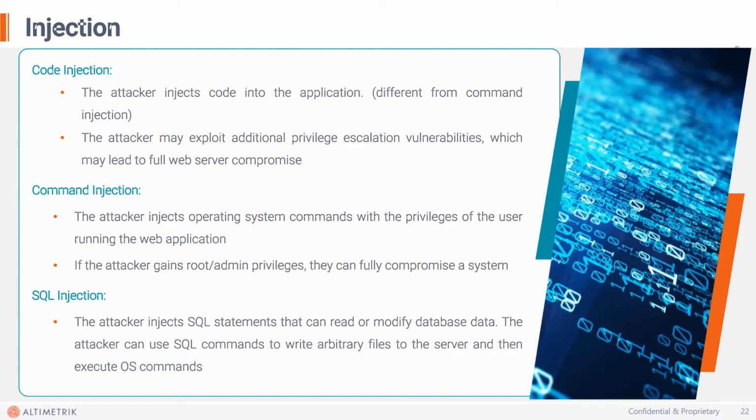An example of this: one of the applications that I tested in the past was a PHP server, and there was an upload functionality that allowed you to upload a profile picture. I found out that it wasn't doing proper checks to see if a file was actually an image file or something else. So I masked the signature of a PHP file as an image and was able to bypass that.